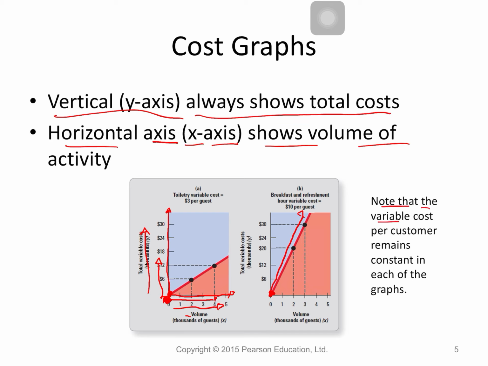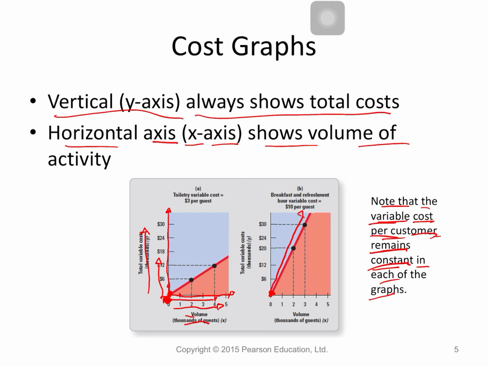Note that the variable cost per customer remains constant in each of the graphs. The volume is in thousands of guests, the guests that you serve. If you serve one guest, your total variable cost will be 3.